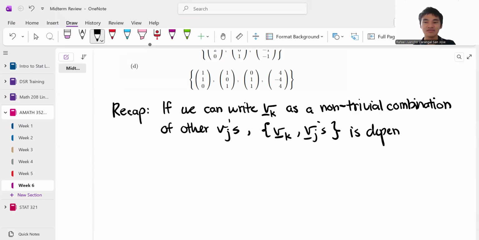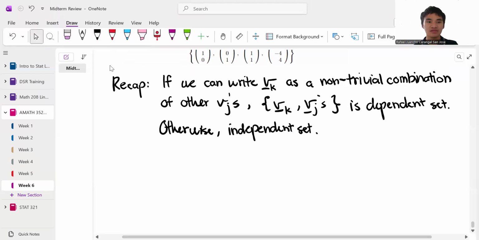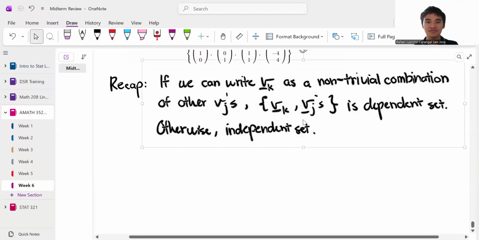This is a dependent set, right? Otherwise, it's an independent set. That was the first definition, right? And there was a second definition.